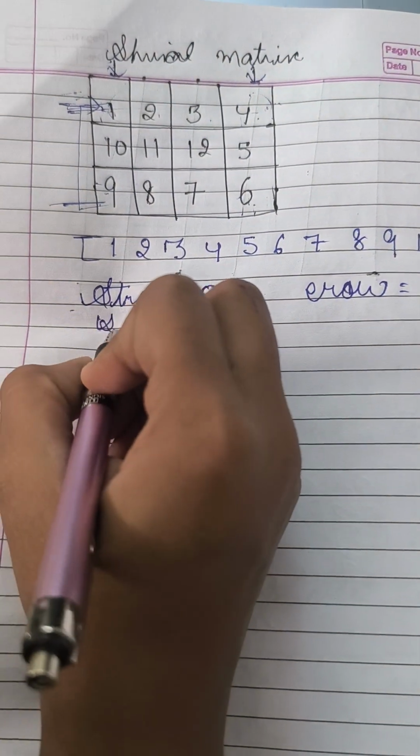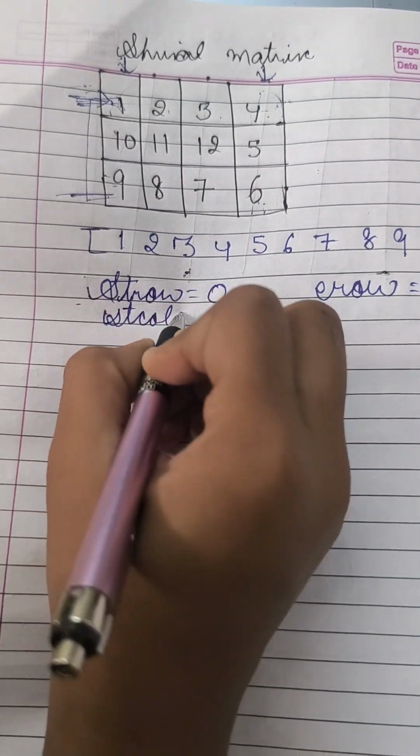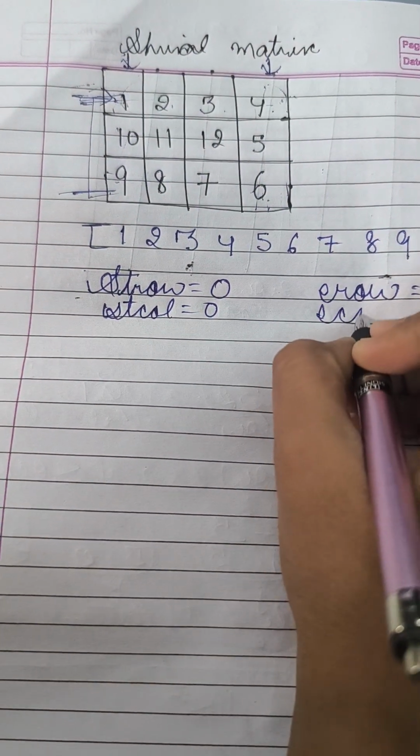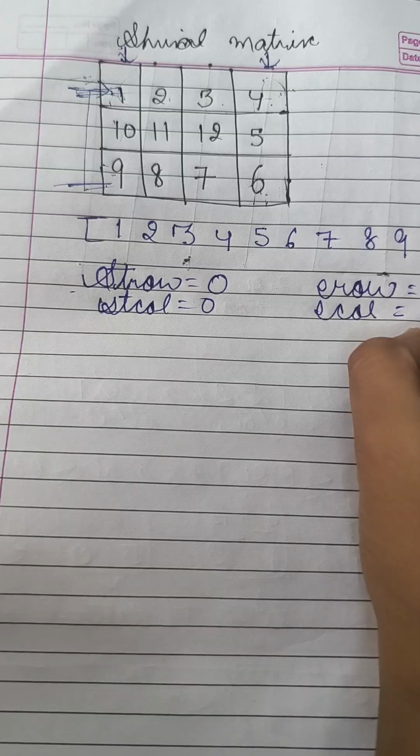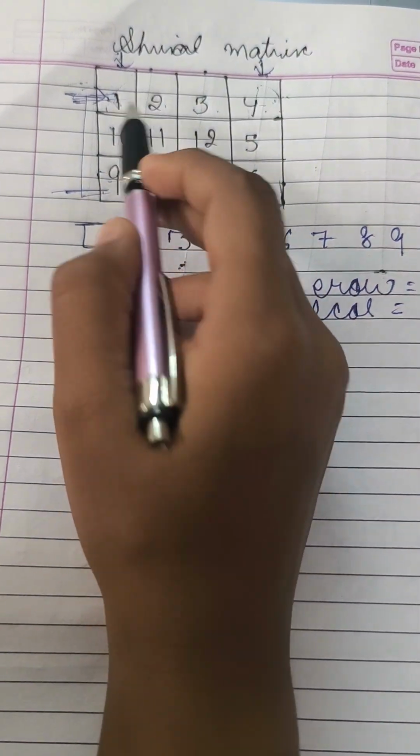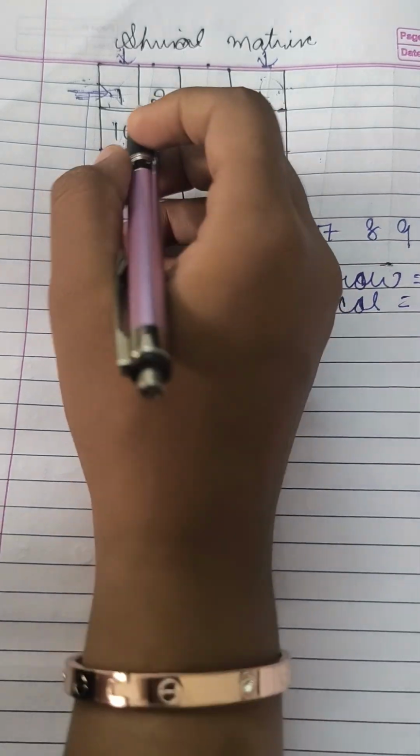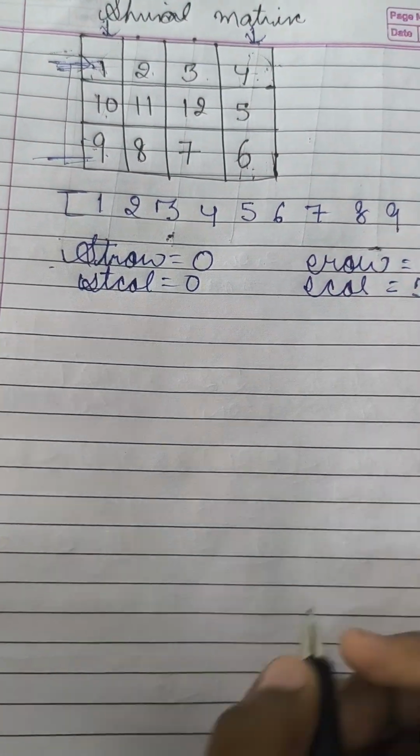So we are going to create a starting column and ending column. In the ending row it is going to be 2, that is 0 1 2, and in the ending column it is going to be 3.